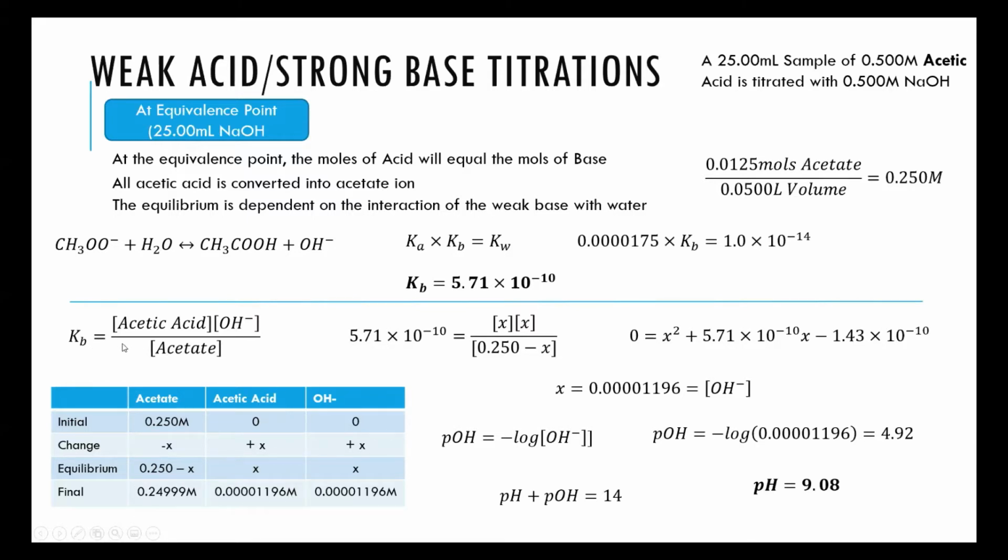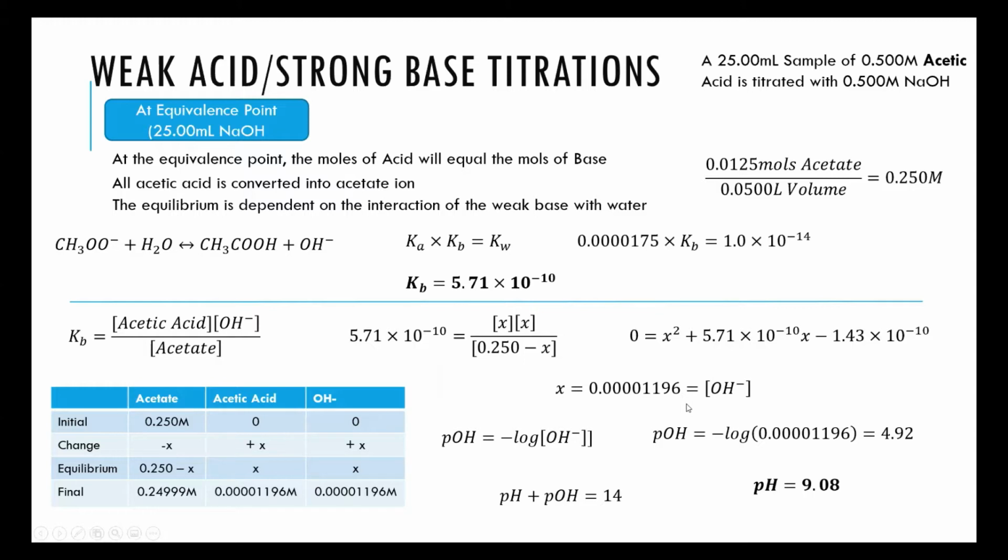The Kb is equal to, again, products over reactants. So the products are now acetic acid and hydroxide, and the reactant is the acetate ion. You have the Kb, and you're going through and solving just as you would under normal Ka conditions. When solving for x, we have x is equal to 0.00001196.